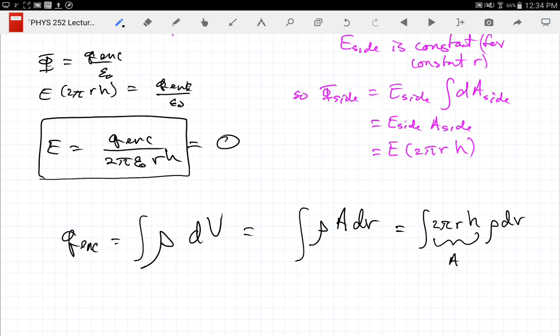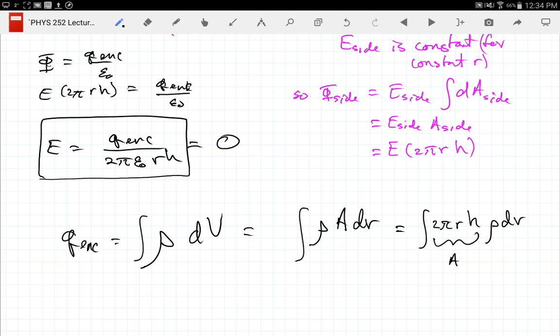Now, for part B, what is my minimum R? There's a technically correct answer and the one you're going to use. 0. I'm going from 0 to R, where R is somewhere between A and B in region 2. But what is the form of my charge density function?